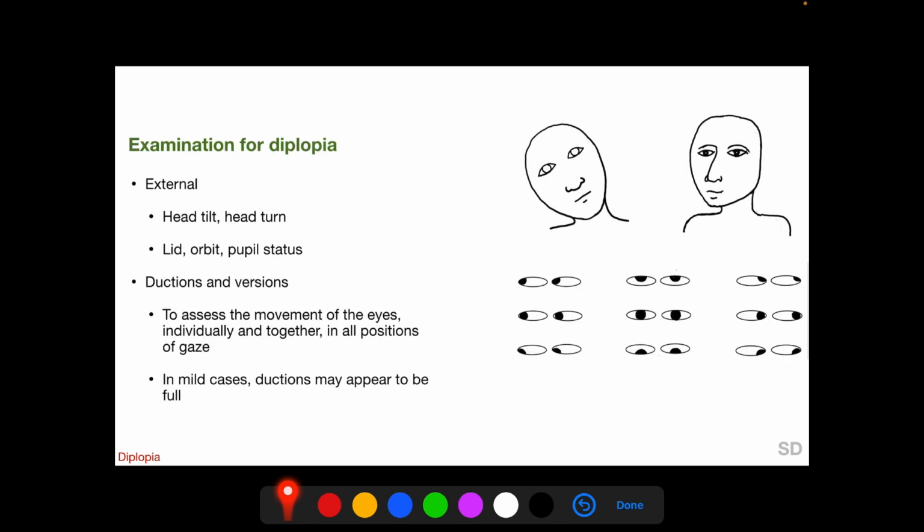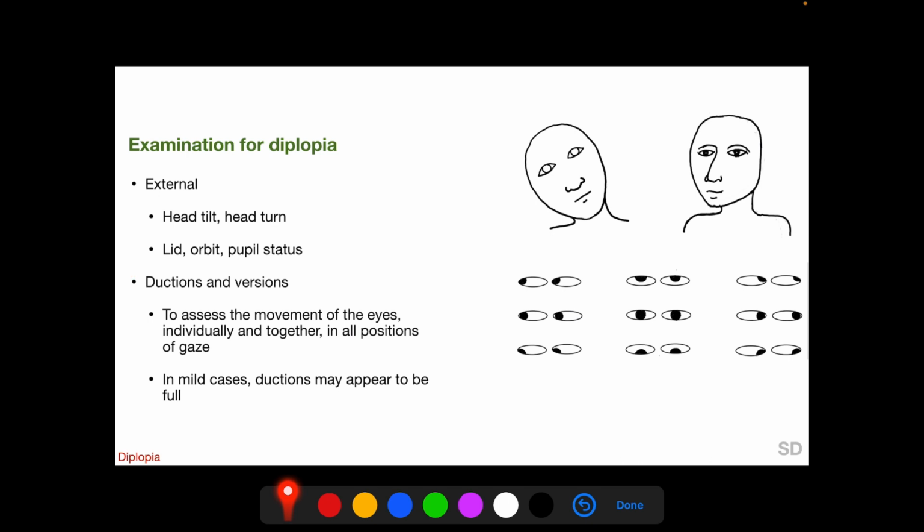Examination for diplopia starts with an external examination to detect a head tilt or a head turn. A patient assumes a head tilt or a head turn so as to keep the eyes as straight ahead as possible. We should also evaluate the status of the lids, the orbits, and the pupils, because extraocular muscles and lids, orbits, and pupils are often involved together by a common lesion, and this is a very important principle which we must remember.